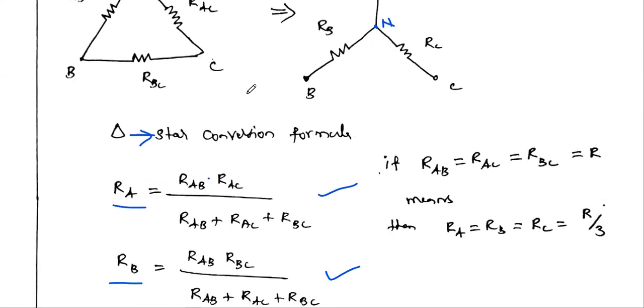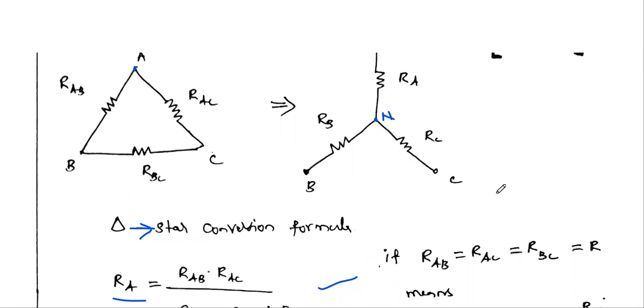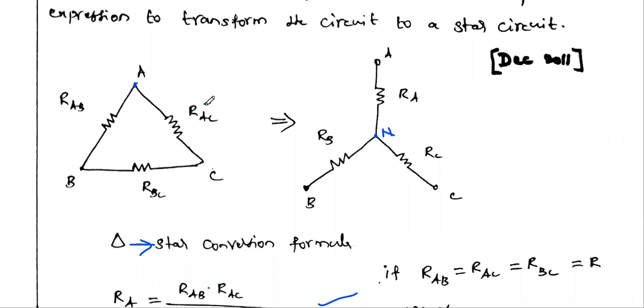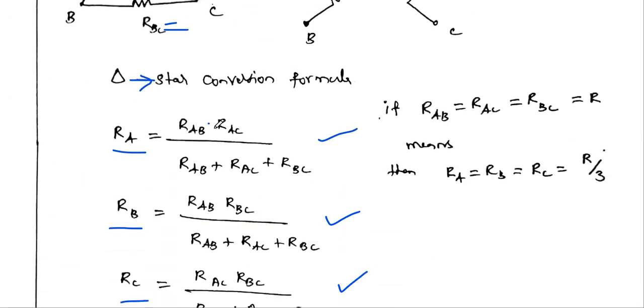And one more thing: if the values RAB, RBC and RAC, the resistance values connected in this delta network, remain the same, equal to some R, for example RAC is 1 ohm, RBC is also 1, RAB is also 1, then this formula for RA, RB, RC is reduced.